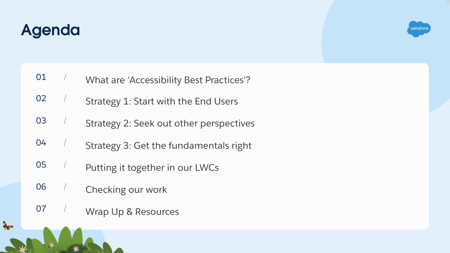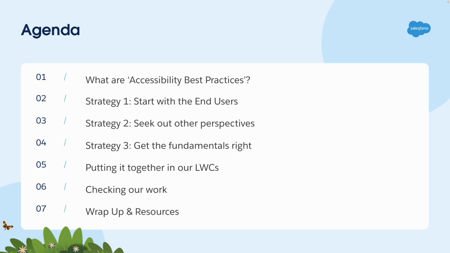So, our agenda today, we're going to be talking about accessibility best practices in 7 steps. First, looking at what accessibility best practices are. I think you'll find this is quite a broad area, and we're going to look more specifically at what we're going to be talking about within the next 30 to 40 minutes.